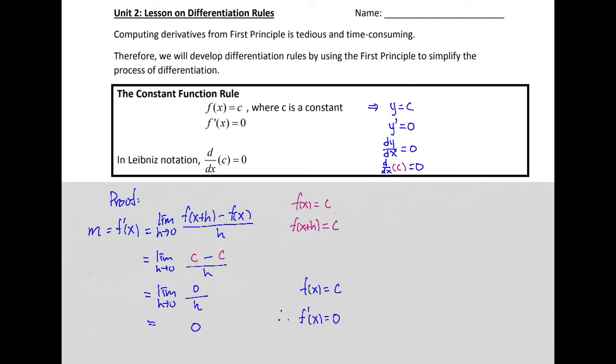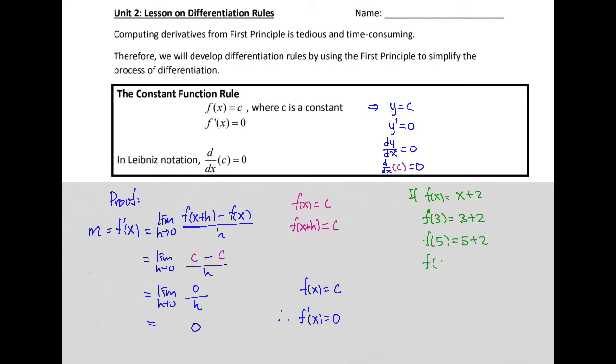As a side note, let's explain this. What does it mean by f(x plus h) equals c as well? So if we have a function f(x) equals x plus 2, then f of 3, you will say that's 3 plus 2. f at 5, you will say that's 5 plus 2.